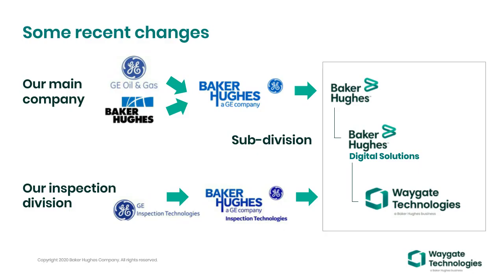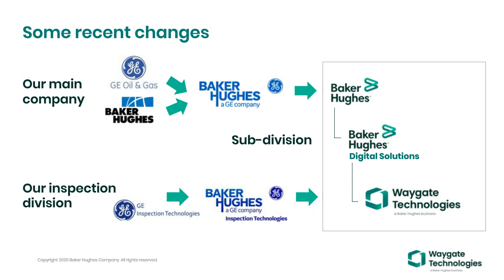As we recently moved through some changes, we thought it was interesting to first start with all those changes that happened some years and also some months ago. On the top of this slide, you can see the main company. In the beginning, we were part of GE Oil and Gas, one of the main divisions from GE. On the other hand, there was also Baker Hughes, one of the leading oil and gas companies also operating globally.